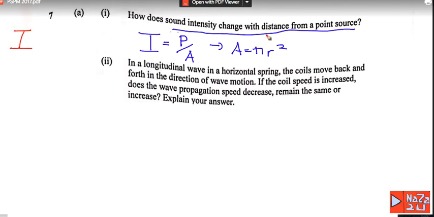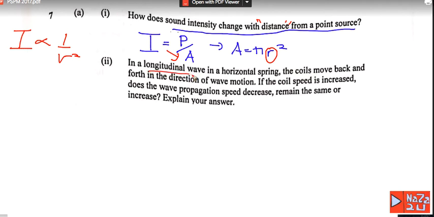Because the question asks about distance, the radius or distance is inversely proportional to the area, or inversely proportional to 1 over r squared. Continue to question number 2.